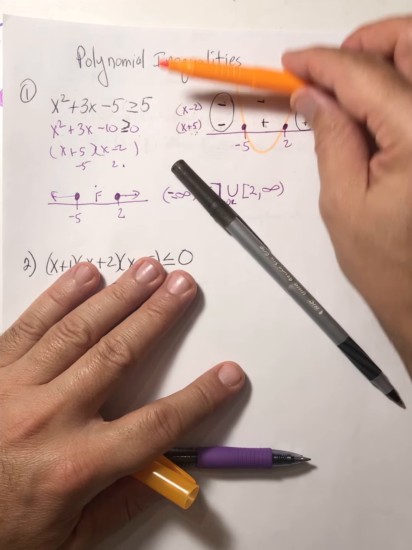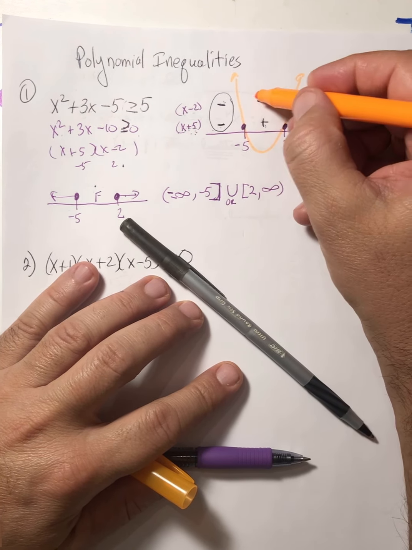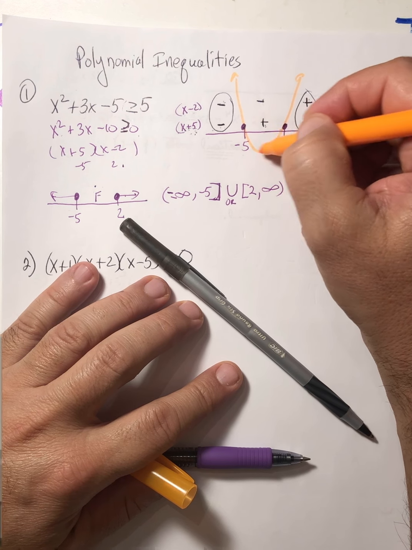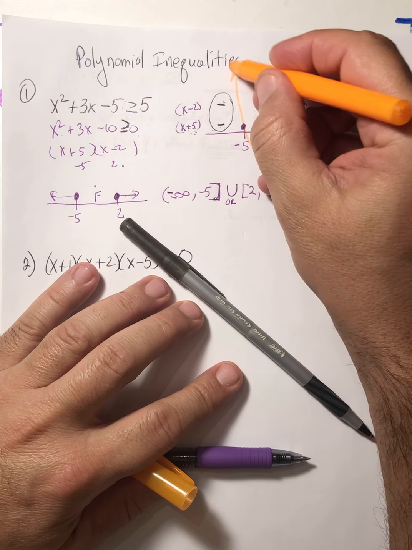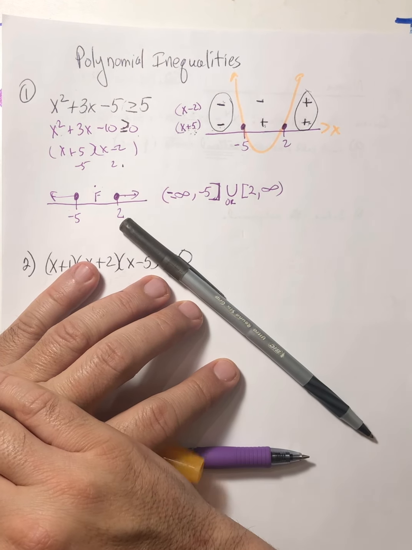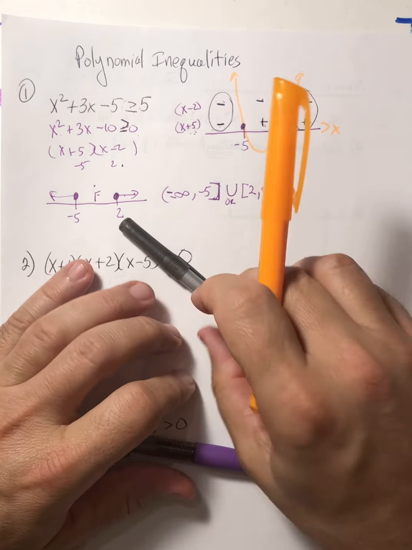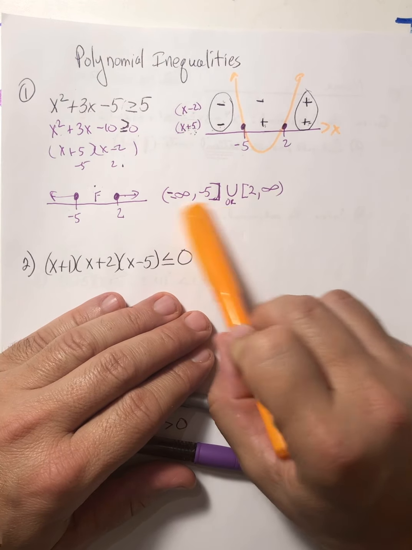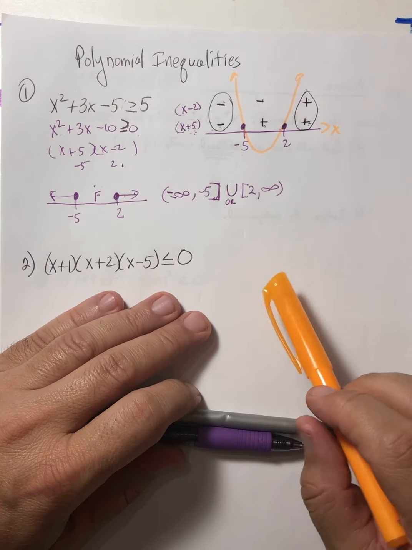Anything above the x-axis is positive. Anything below is negative. Isn't this a negative result? Isn't that where the curve is under the x-axis? And then everything here is above the x-axis, so they're positive. There you go. I just gave you the solutions. We have the solutions for when this is greater than or equal to 0.